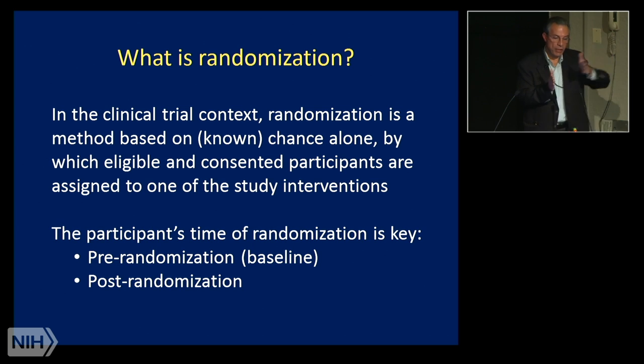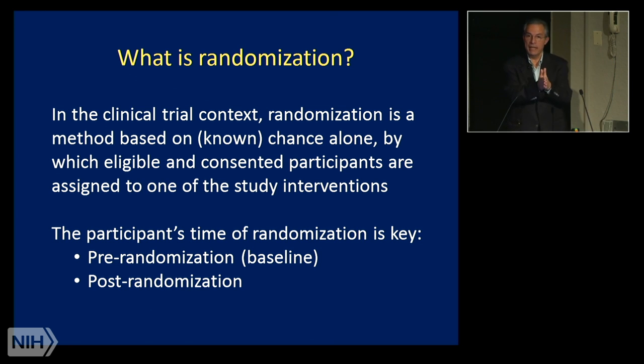Because everything you collect pre-randomization has nothing to do with the treatment that was assigned. So gender, age, socioeconomic status, severity of disease, blood pressure that you measure before randomization. All these things are baseline characteristics that have nothing to do with the treatment assigned, because obviously that was before they were assigned that treatment.